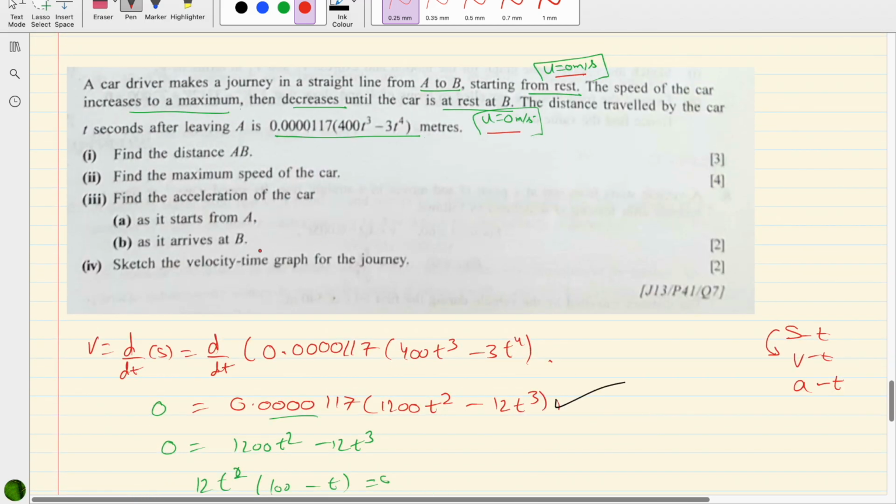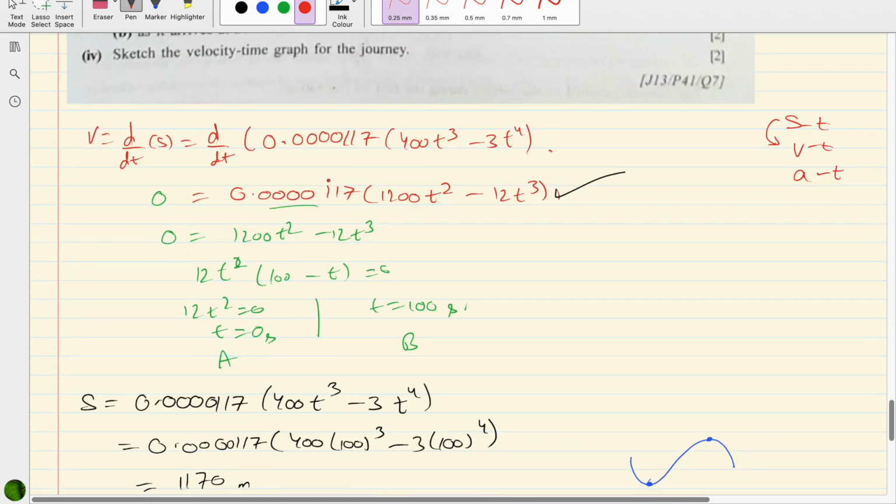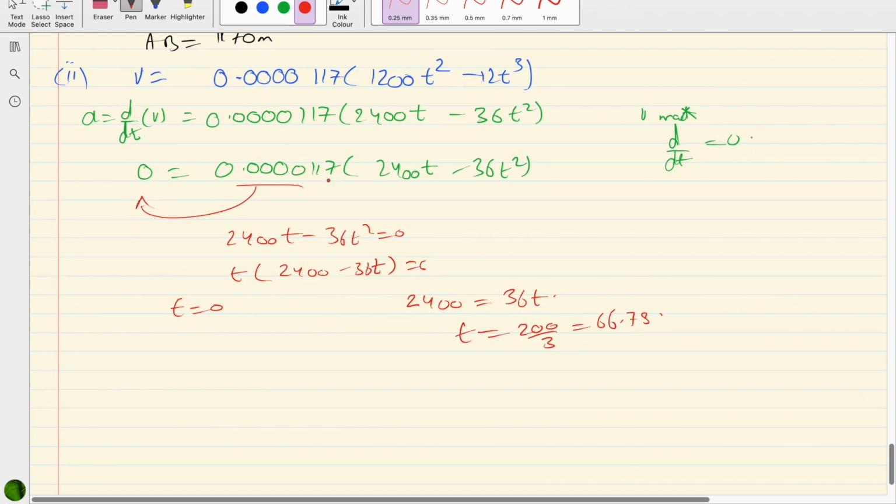What was the demand? It was to find the maximum speed. So we now know that the speed is maximum at either 0 or at 66.7. In the question I can see when we plug in 0, we get 0 velocity.